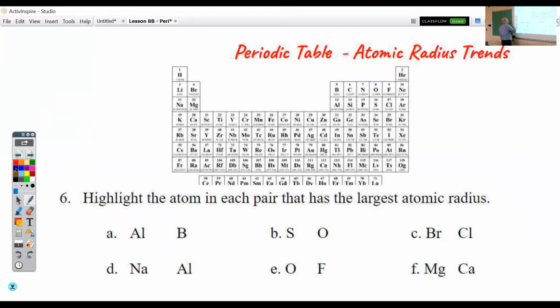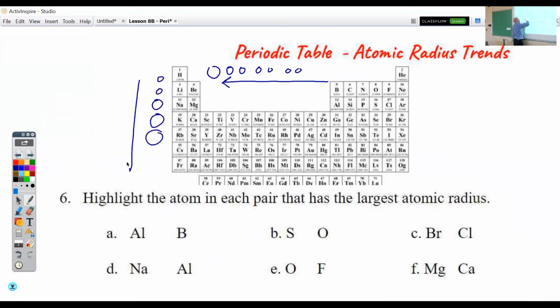So if I draw an arrow here, atomic radius gets smaller this way, so it gets bigger going to the left. And then here, it gets bigger going down. So the bigger side here versus here, or here versus here.